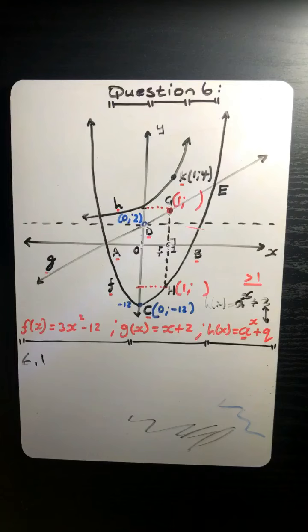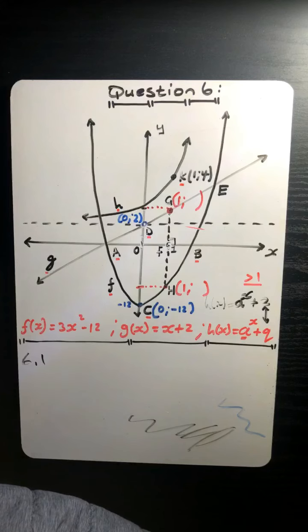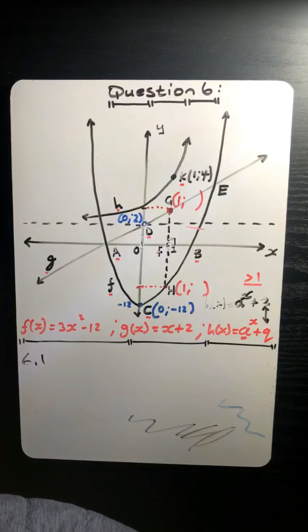So I guess we know that G and F and H, their x-intercept is 1, right? Wait, what did you say? We know that the x-intercept of G and F and H is 1. That's what we know. Okay.